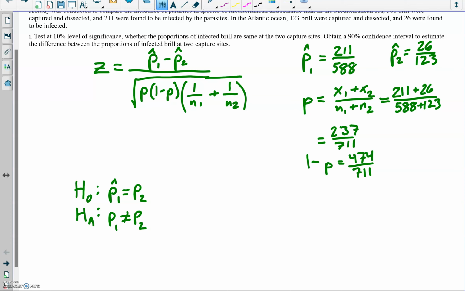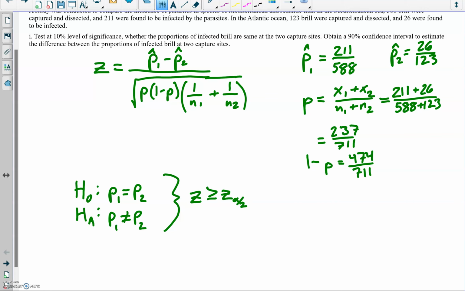And these would be the actual proportions that we're testing, and we're using the sample in order to do that. Whenever you're testing the not equal to alternative, what you're looking for is that Z is greater than or equal to this Z of alpha over 2.